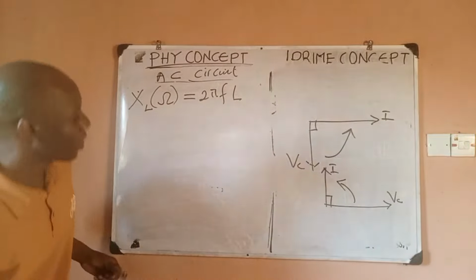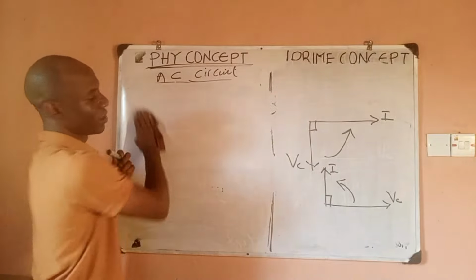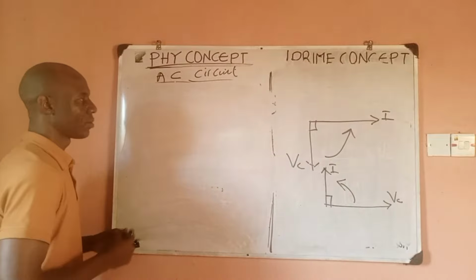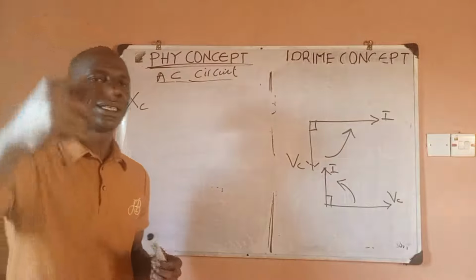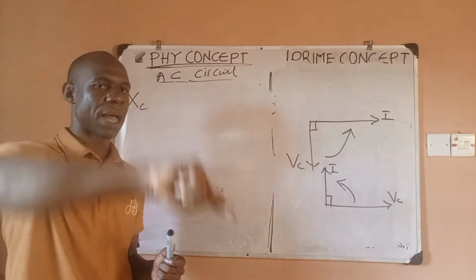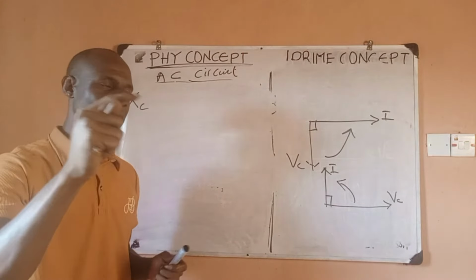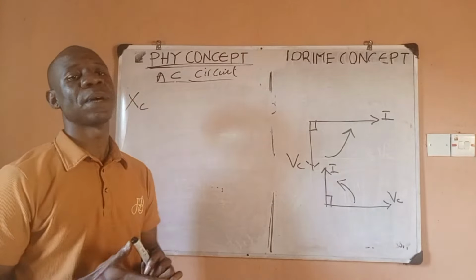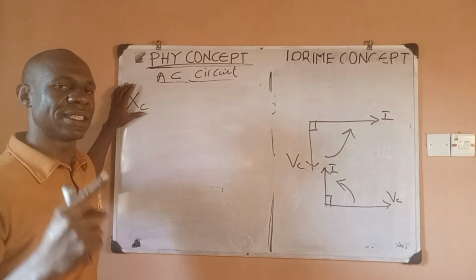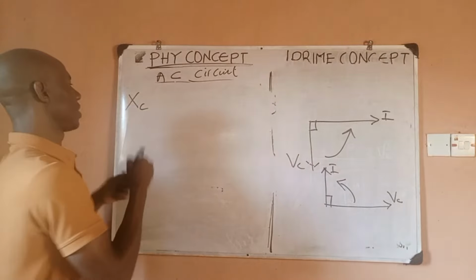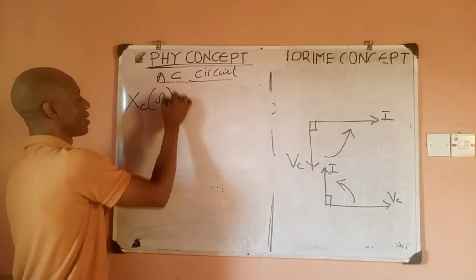Now for a purely capacitive circuit, there's something called XC. XC is actually the resistance of the capacitor, and it is called the capacitive reactance. It is still measured in ohms because it is resistance.